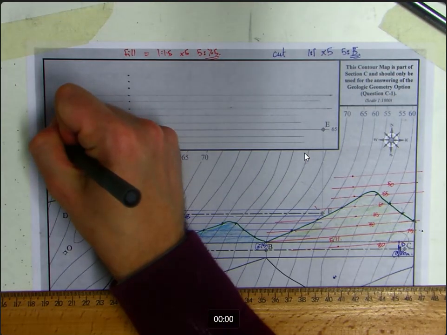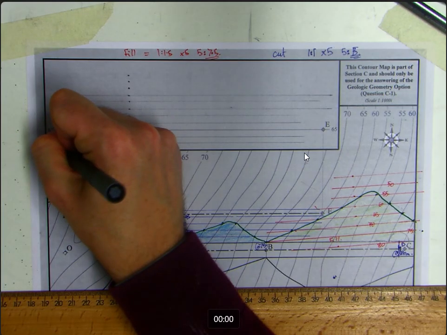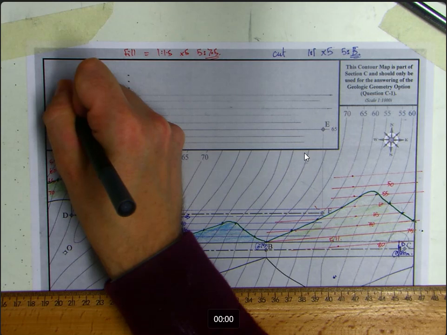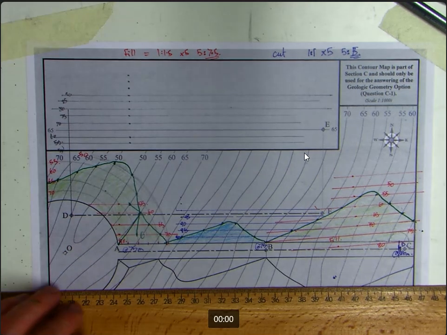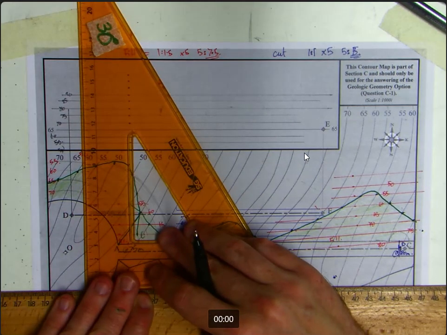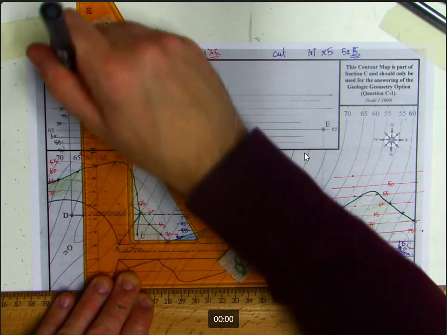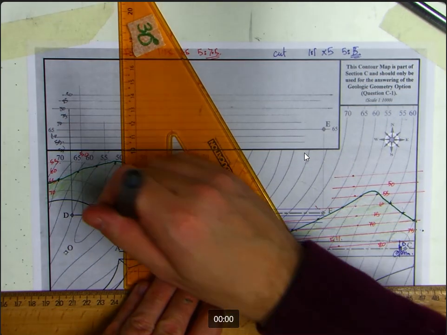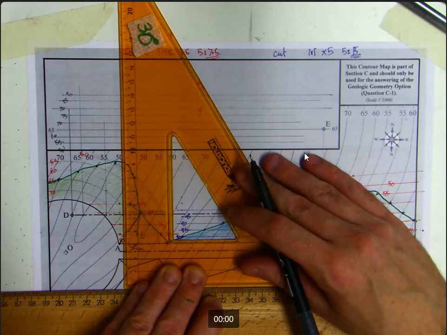Write these on it: 60, 55, 50, 70, 75, 80, 85, 90. We'll bring these up to the corresponding points. And across. It's good.